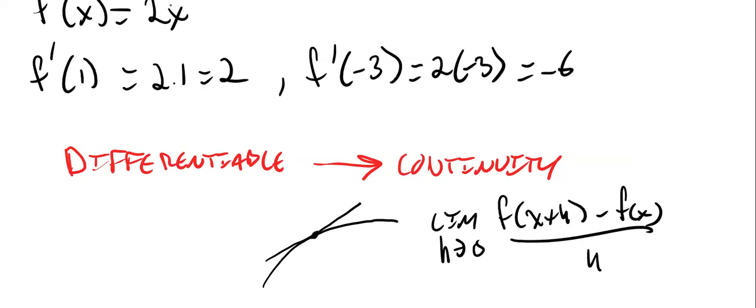If this limit exists, it's differentiable. If it's differentiable, it's got to be continuous. If there was a hole right here, that would be discontinuous, any kind of discontinuity. We wouldn't be able to take the derivative at that point. It wouldn't be differentiable at that point.